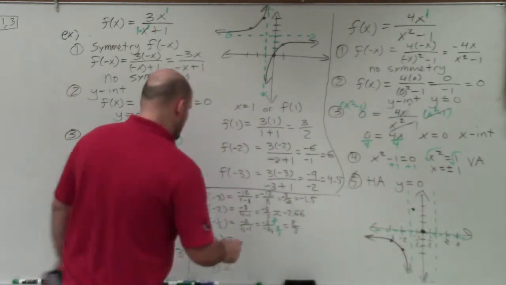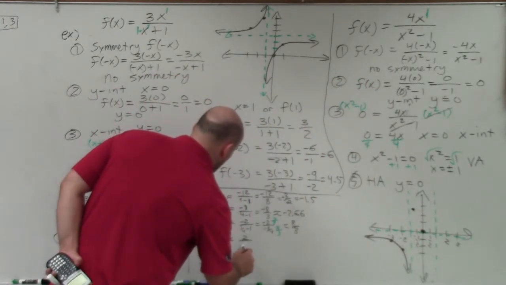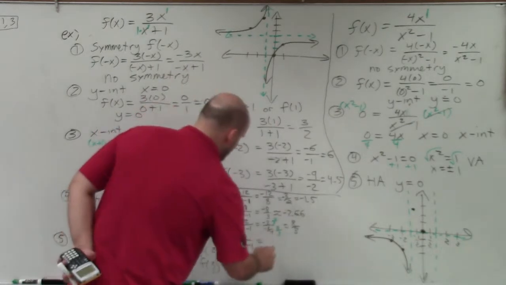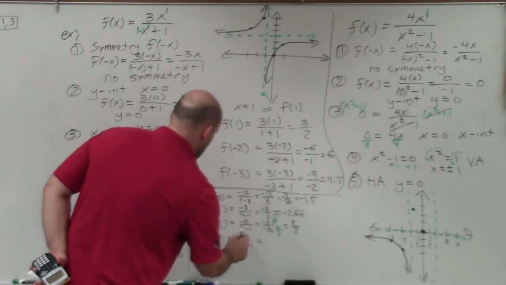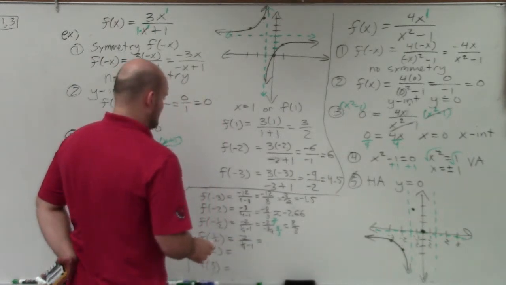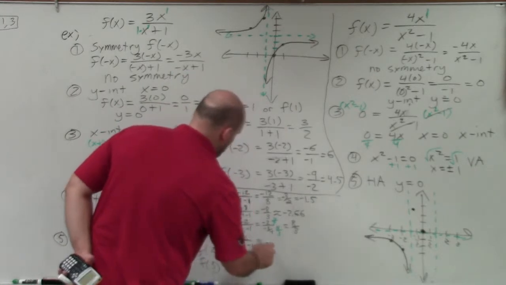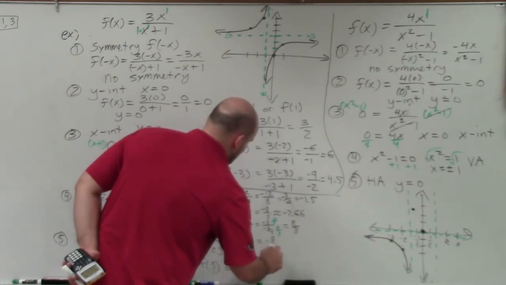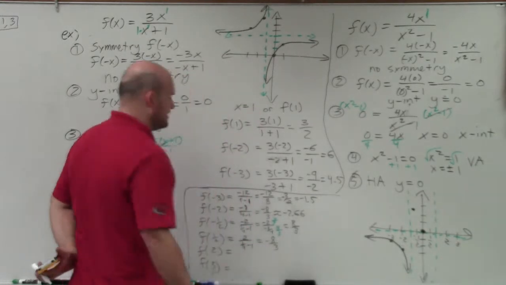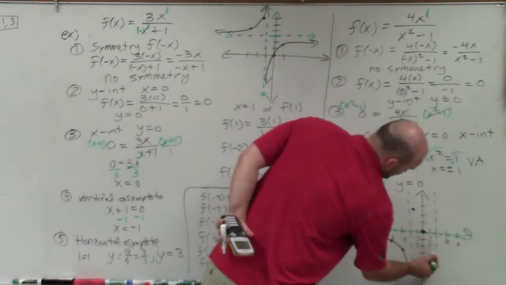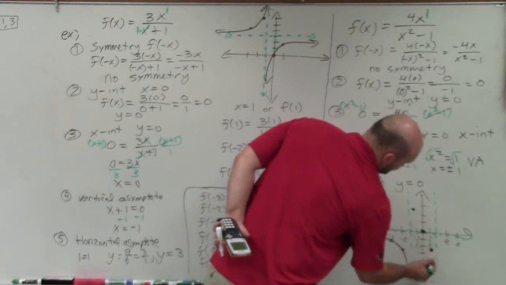Then let's do positive 1/2. So that's going to be a positive 2 over 1/4 minus 1. Well, that gives you a positive 2, and the denominator becomes negative, right? So that becomes a negative 8/3, because 1/4 minus 1 is still a negative 3/4. So therefore, 1, 2, 3. So that's going to look like that at negative 1.